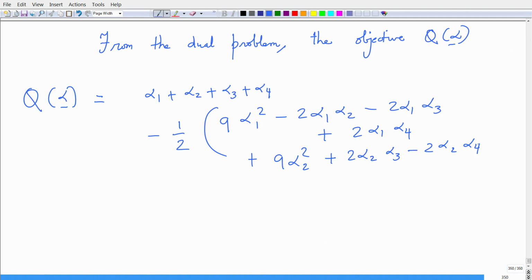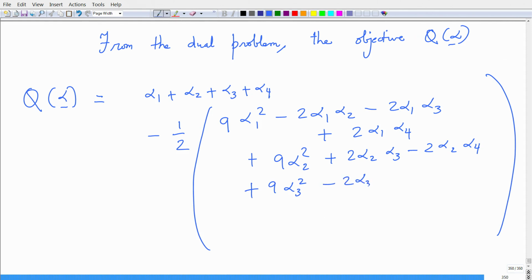So, I have a lot of terms. I think I need to get this brace really quite big. So, now this q of alpha is a function of the Lagrange multipliers, and this is from summation.